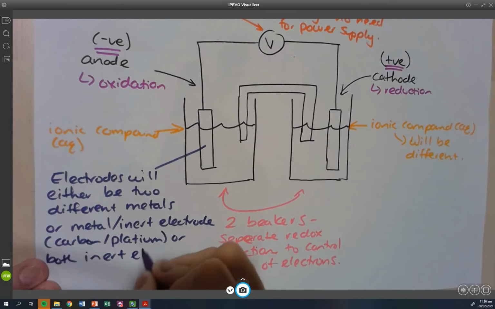So with that reduction happening on the other half, I would have the opposite reaction. I would see that my cation is becoming the metal. So for example, I would see that the copper 2 ions would be gaining the electrons to become the copper metal.